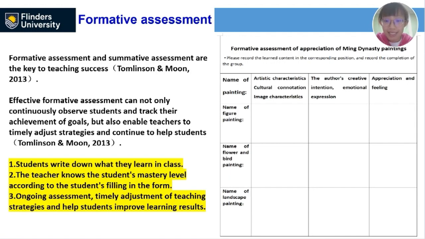The second part is formative assessment. Formative assessment and summative assessment are the key to teaching success. In this lesson, I designed a formative assessment form to record what the students learn about Ming Dynasty Chinese painting during their group study.